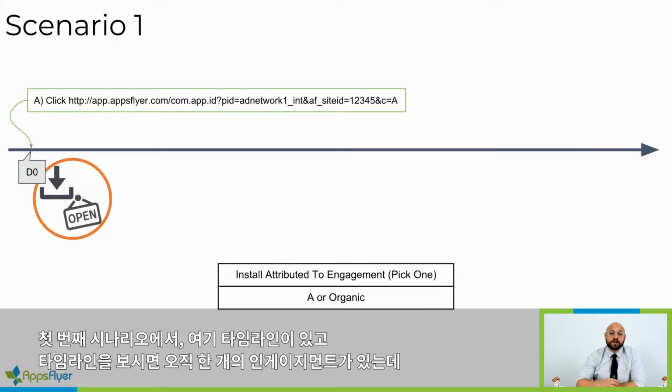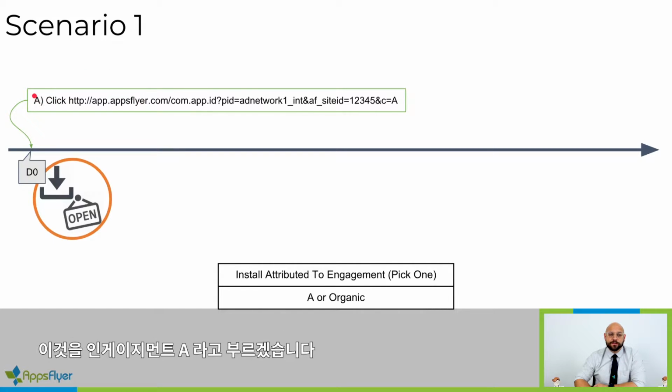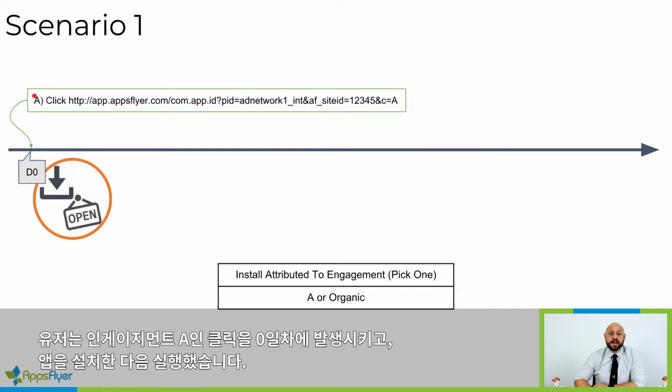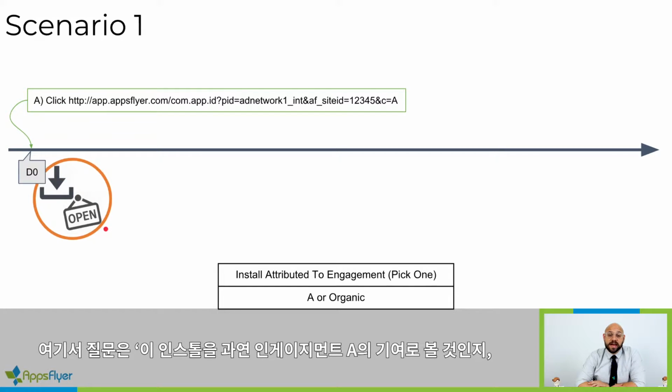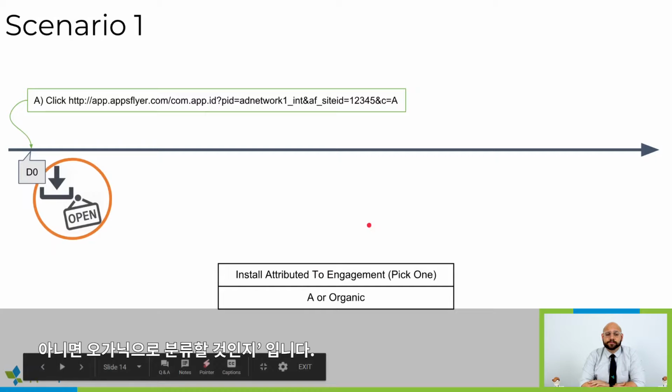In the first scenario, we have a timeline. There's only one engagement, and we'll call this engagement A. What happened is the user clicked engagement A on day 0, they downloaded and opened. The question to ask now is, should this install get attributed to A or organic?